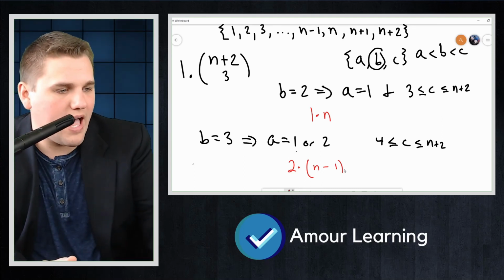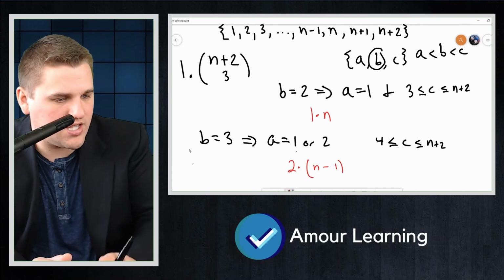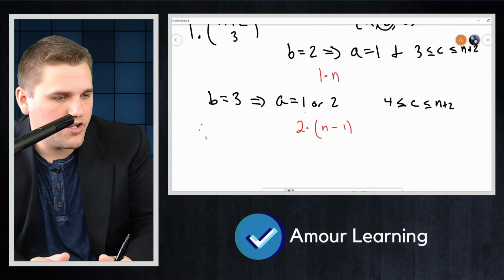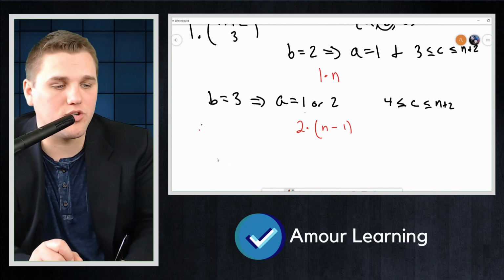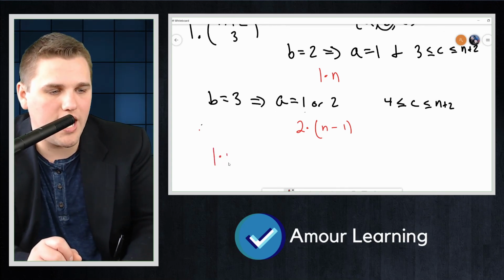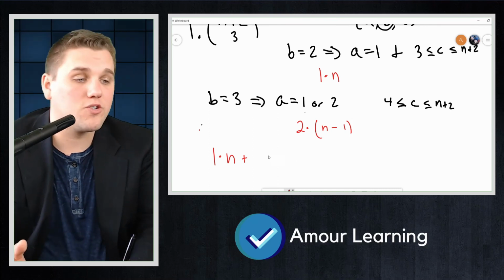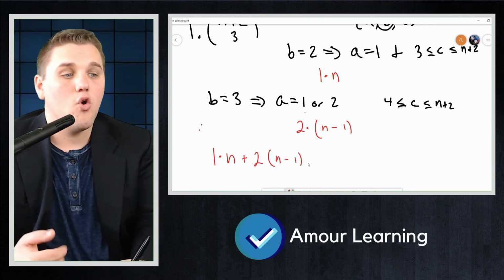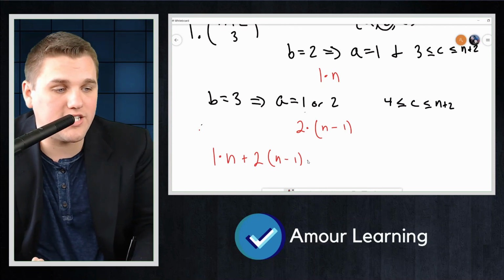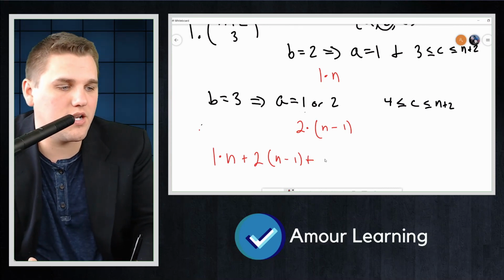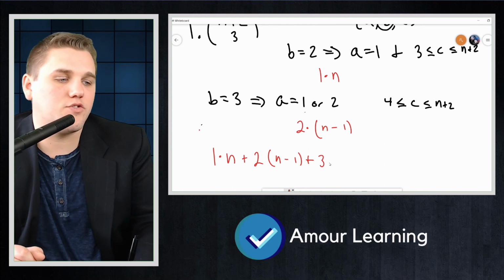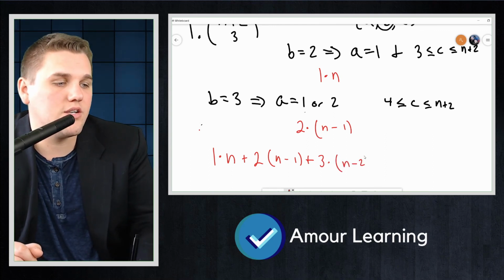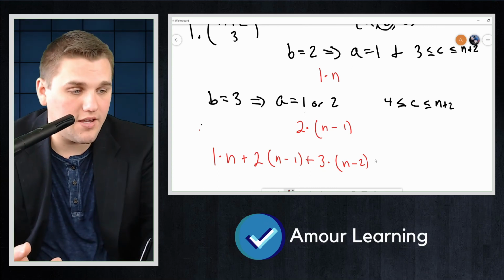What would that look like? That means the total number of ways here. So in the first scenario, if b equals 2, there are 1 times n ways. When b equals 3, there are 2 times n-1 ways. When b equals 4, you're going to guess that there are 3 ways of choosing a and n-2 ways of choosing c.